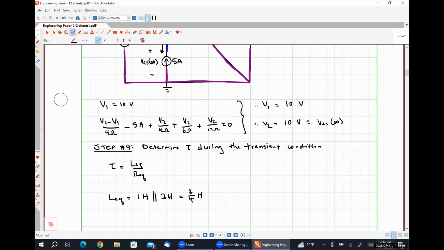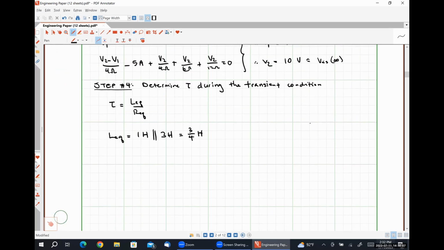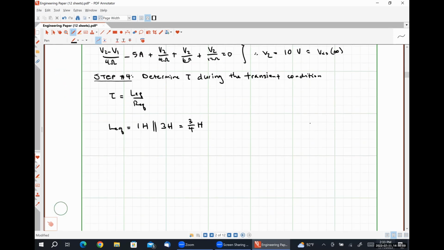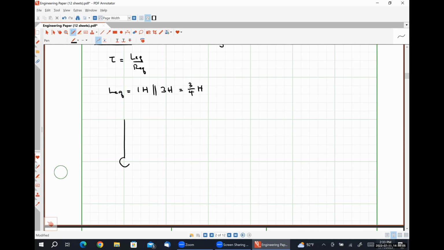So to find our equivalent resistance, we will redraw our original circuit during the transient condition. So that means with the switch closed.